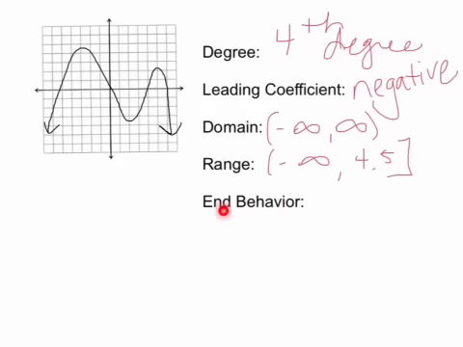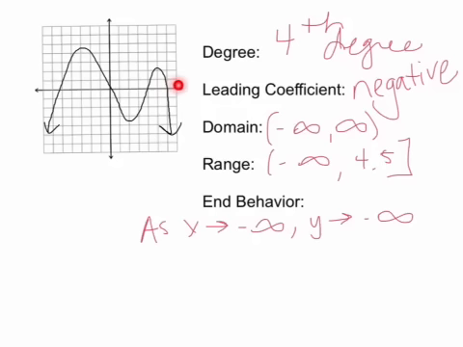Now my end behavior. We've done this many times, but it's been a while. So I would say as x approaches negative infinity, so that means on this side of my graph, as my x-axis is going towards negative infinity, where is my graph heading to? What's it doing on the y value? Well, y approaches negative infinity. Same thing here.